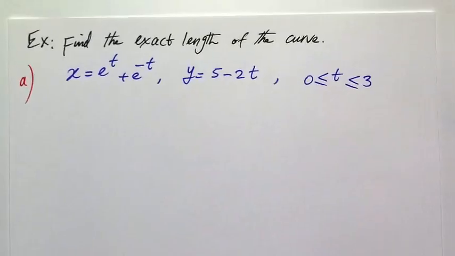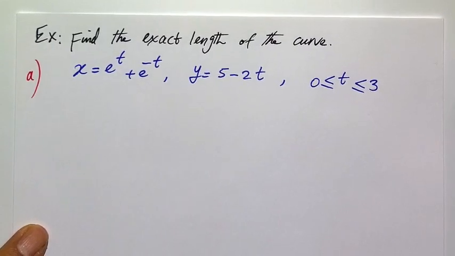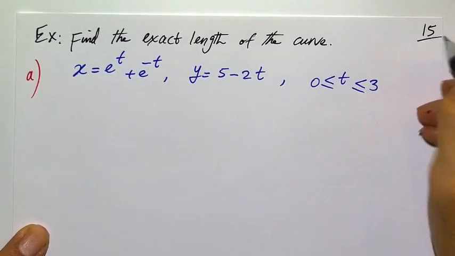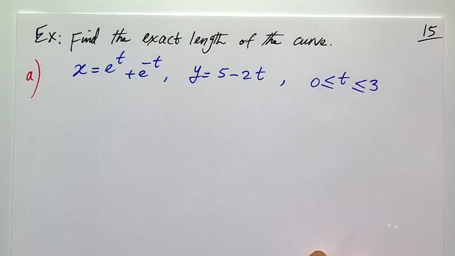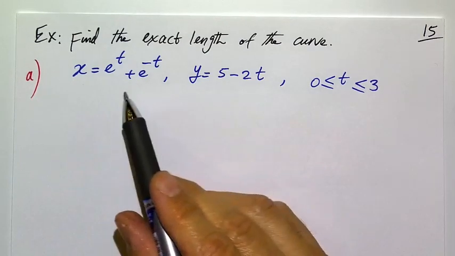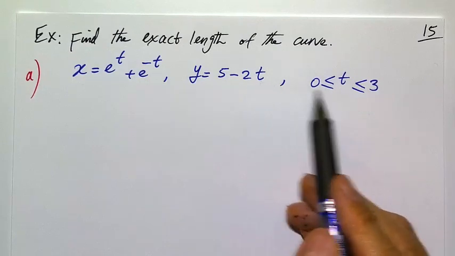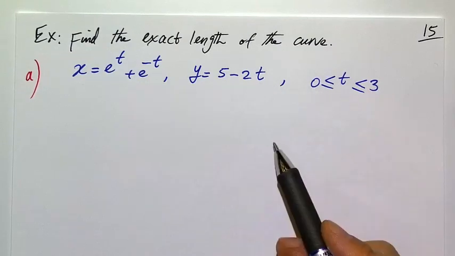So let's do that. Here's our first example. We want to find the exact length of the curve given to us by these two parametric equations such that t, or the parameter, varies from 0 to 3.